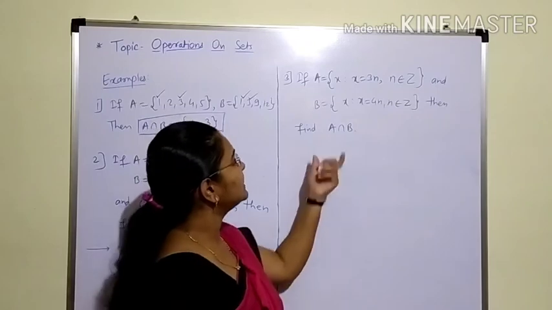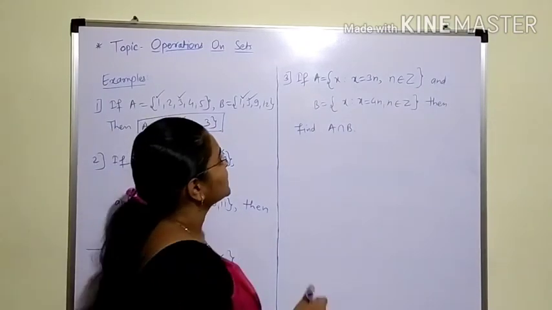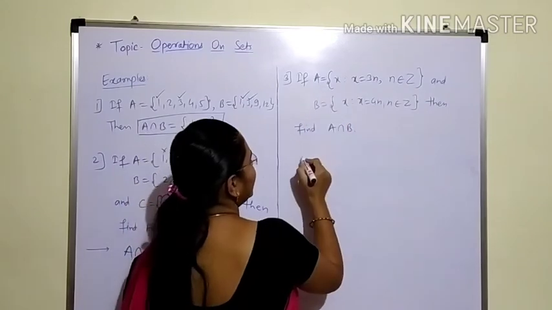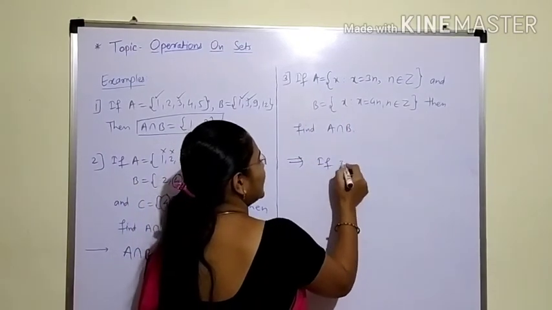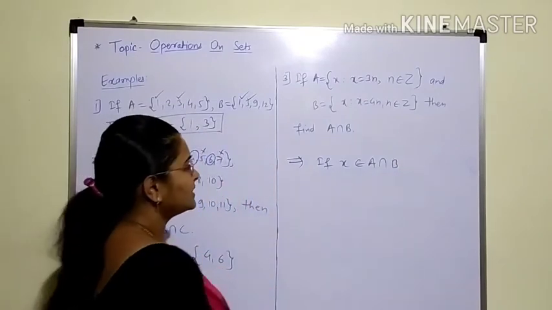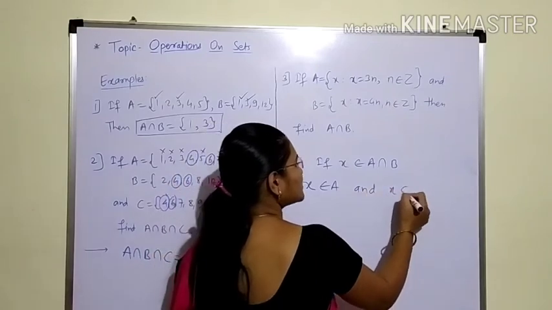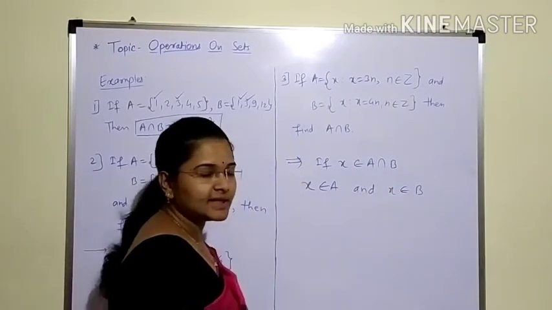Now how to write their intersection again in set builder form? So students, if x belongs to A intersection B, then x belongs to A and x belongs to B, isn't it?